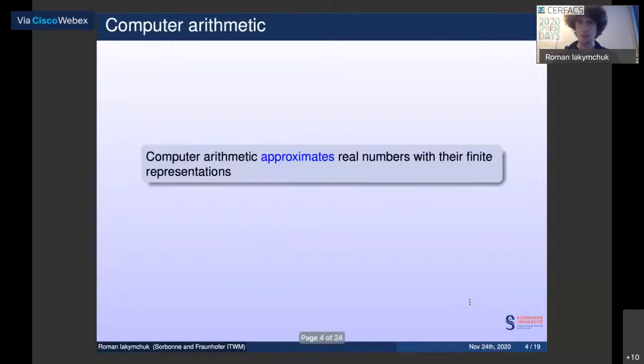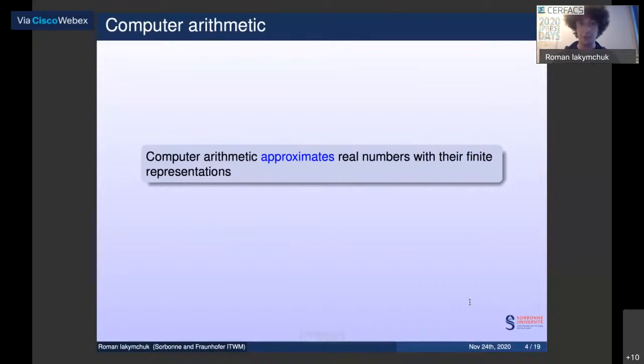Let's begin by first looking at computer arithmetic, because we are dealing with approximations of real numbers. It means that we truncate some parts of numbers, which is rounding, and due to that we lose properties like associativity.